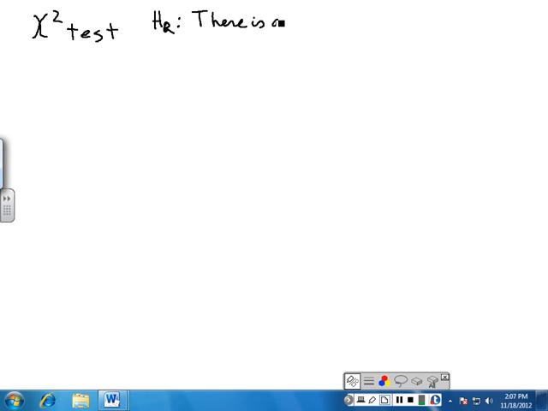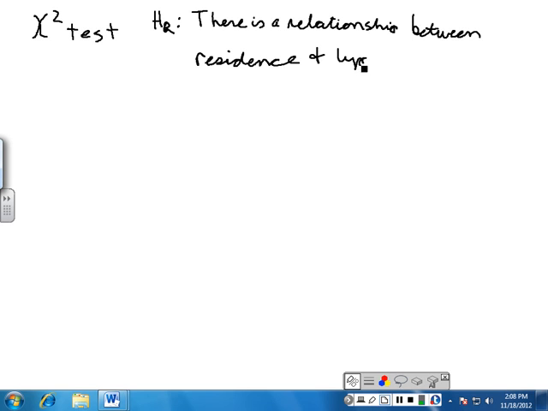There is a relationship between residence, which is Russellville or Dardanelle, and type of car one drives.